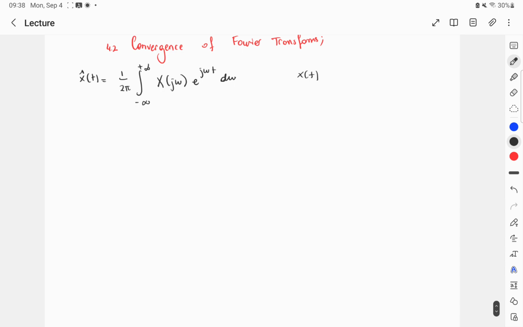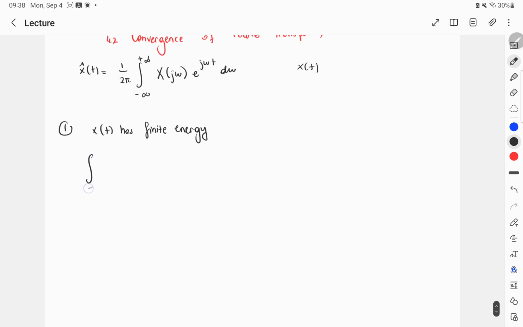Now let us look at the sufficient conditions. Condition number 1: x(t) has finite energy. In other words, we can say its square is integrable. I will show you what I mean by this.